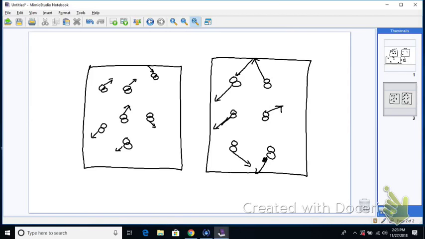Okay, go ahead and do those drawings. It's something real similar to what we have up there.